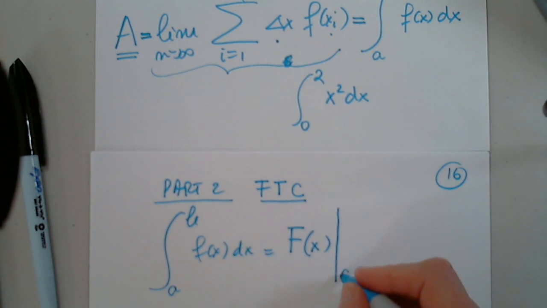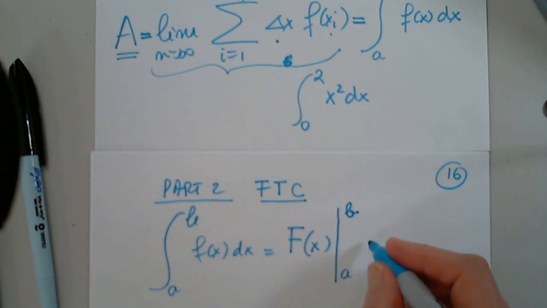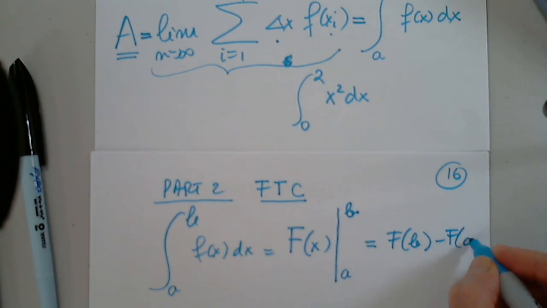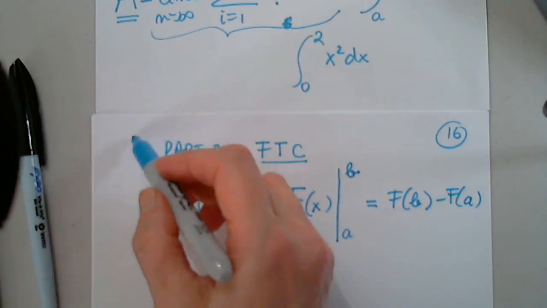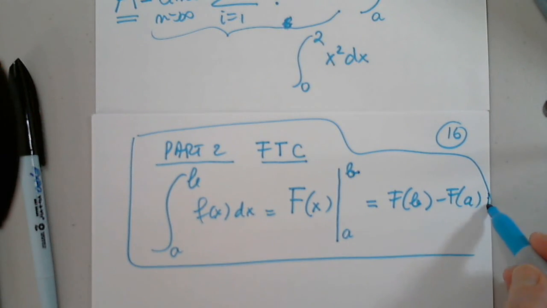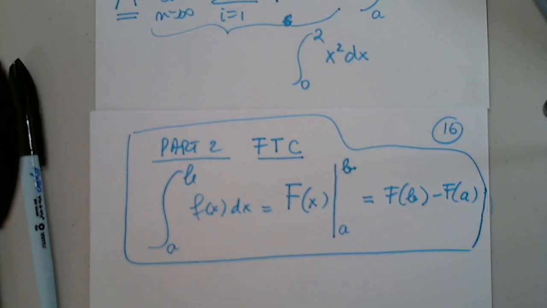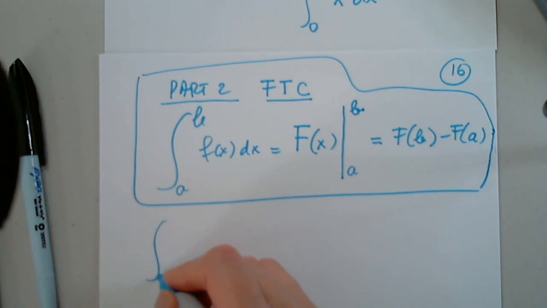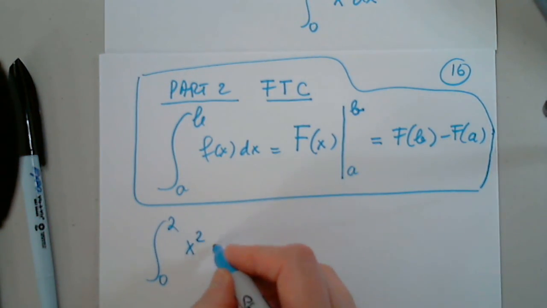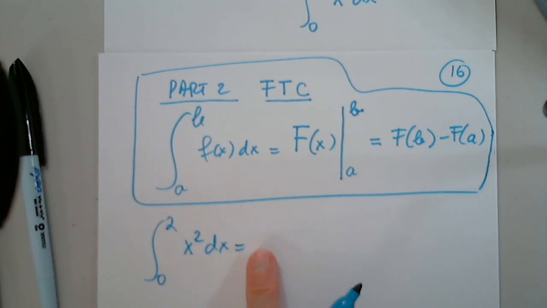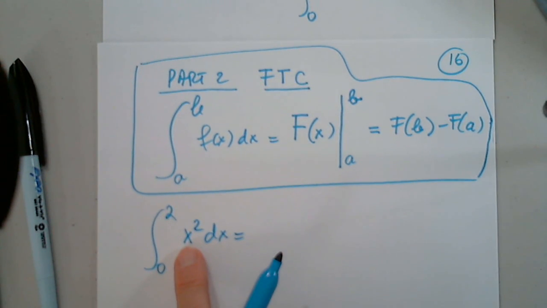Evaluate it from a to b, which is f of b minus f of a. So, how do I calculate that? The integral from 0 to 2 of x squared dx is, what is the antiderivative? What function do I differentiate to get x squared? We did that at the very beginning tonight.